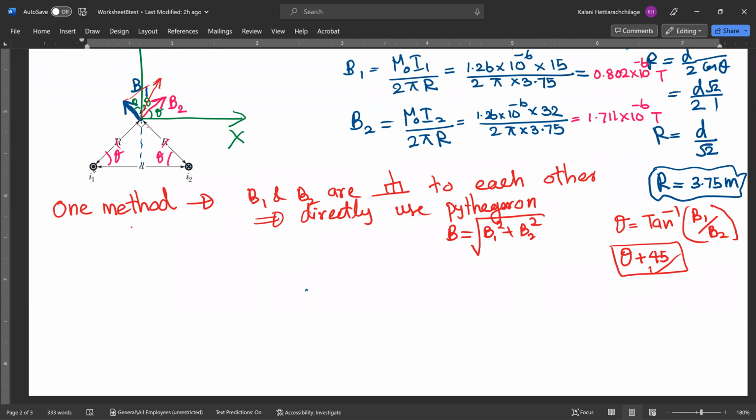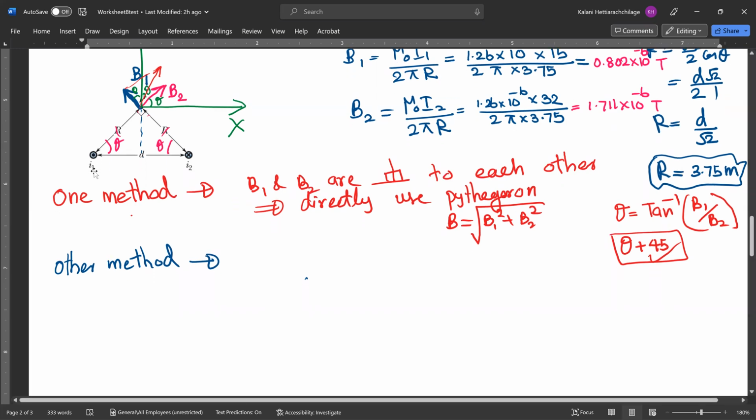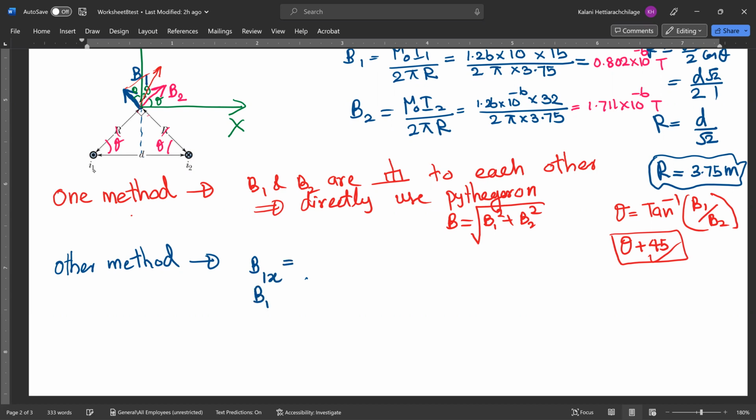But the other method, the traditional way of writing in components, is the method that I'm going to do here. You will get the same answer for both, but this will take a little more time writing the components. As soon as you see that B1 and B2 are not in the x direction, you know you will be able to write the B1 x component and also the B1 y component.